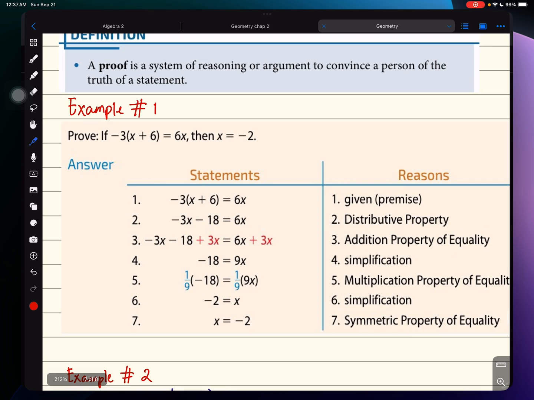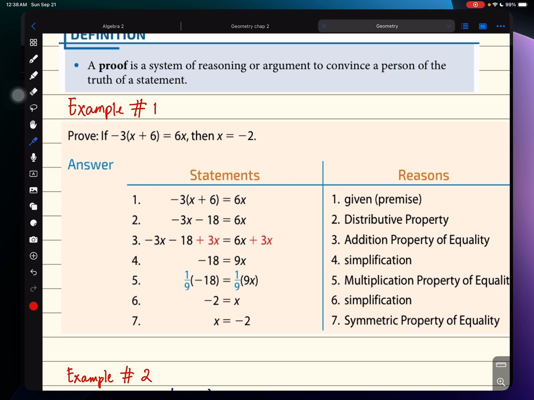Next, followed by the addition property of equality, we're going to add both sides by 3x, so it will become -18 equals 9x, followed by simplification and the multiplication property of equality, wherein you're going to multiply both sides by 1 over 9. Then after that, you have to simplify again and use the symmetric property of equality.